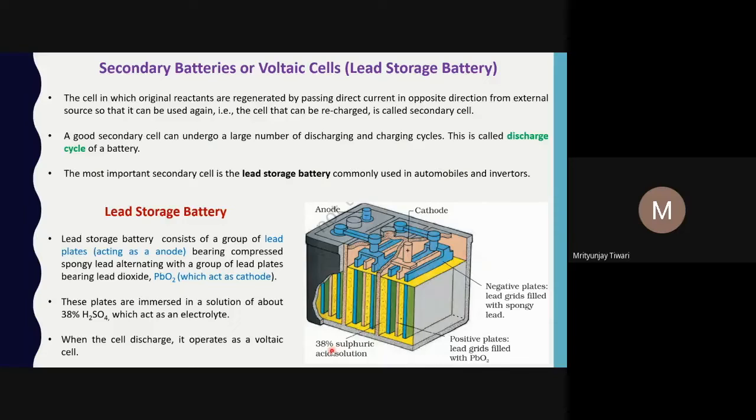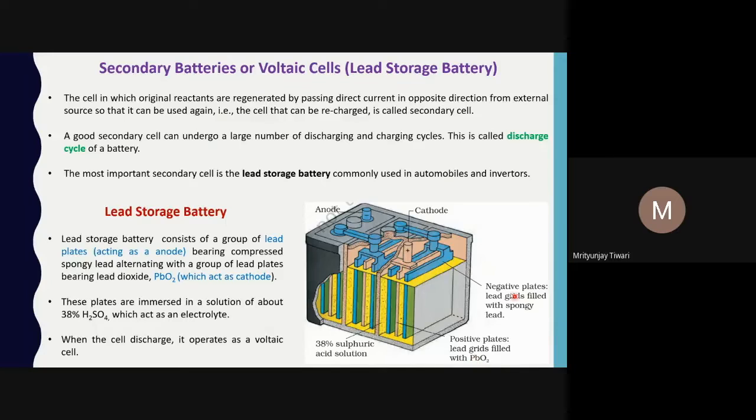If you remember, sometimes we say the water of this battery has dried up, so we add water there. So these are the negative plates, lead grids filled with spongy lead, the lead metal, and the positive plates are lead grids filled with PbO2.